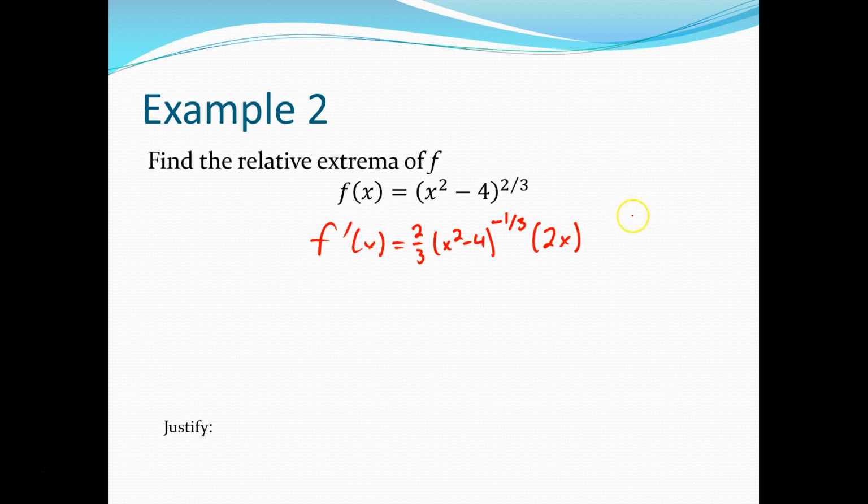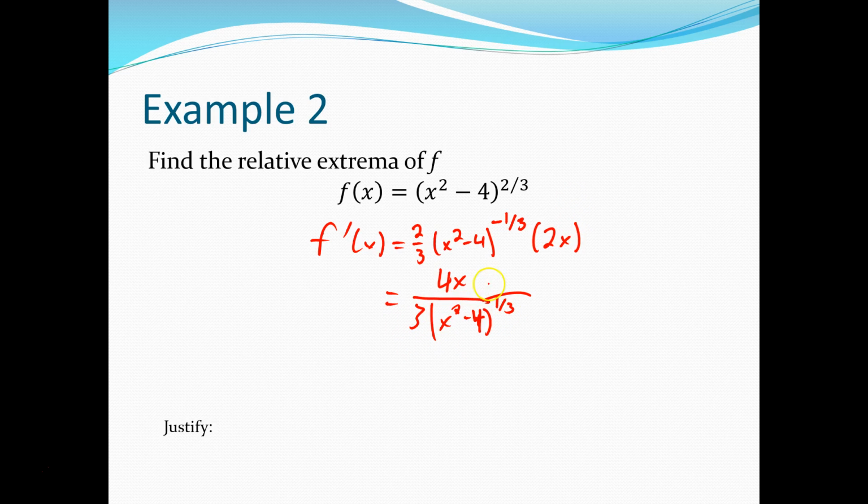So we want to know when that's 0 or undefined. Well, to do that, I might write this a little bit differently. We're going to have 2x times 2, which is 4x, upstairs. Then underneath, we'll have 3 times the quantity x squared minus 4 raised to the 1/3, or the cube root. So we'll be in trouble when this denominator is 0.